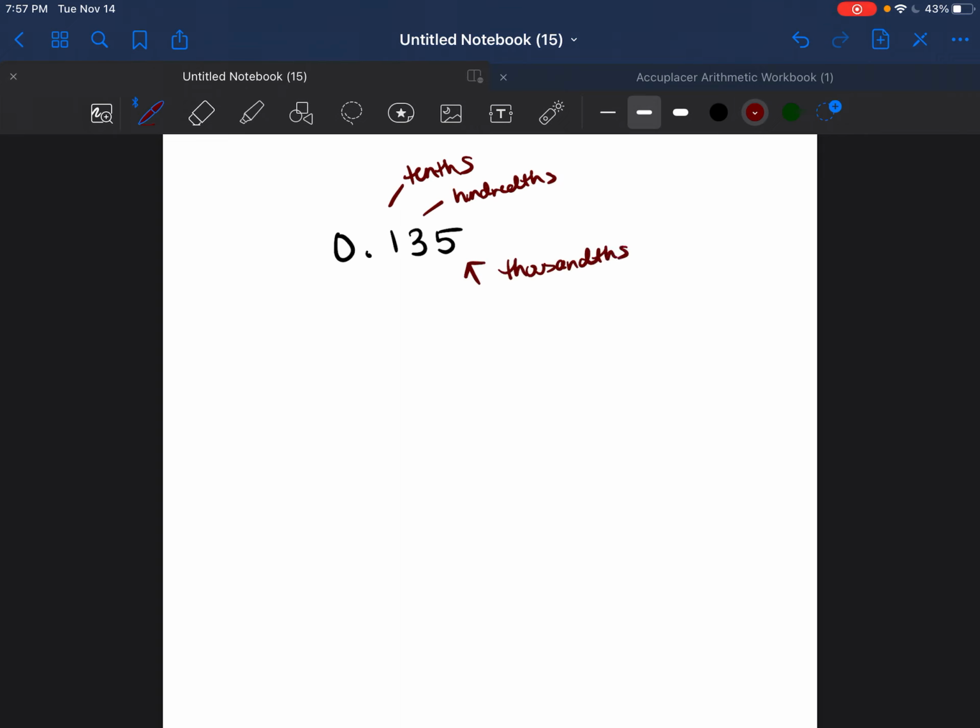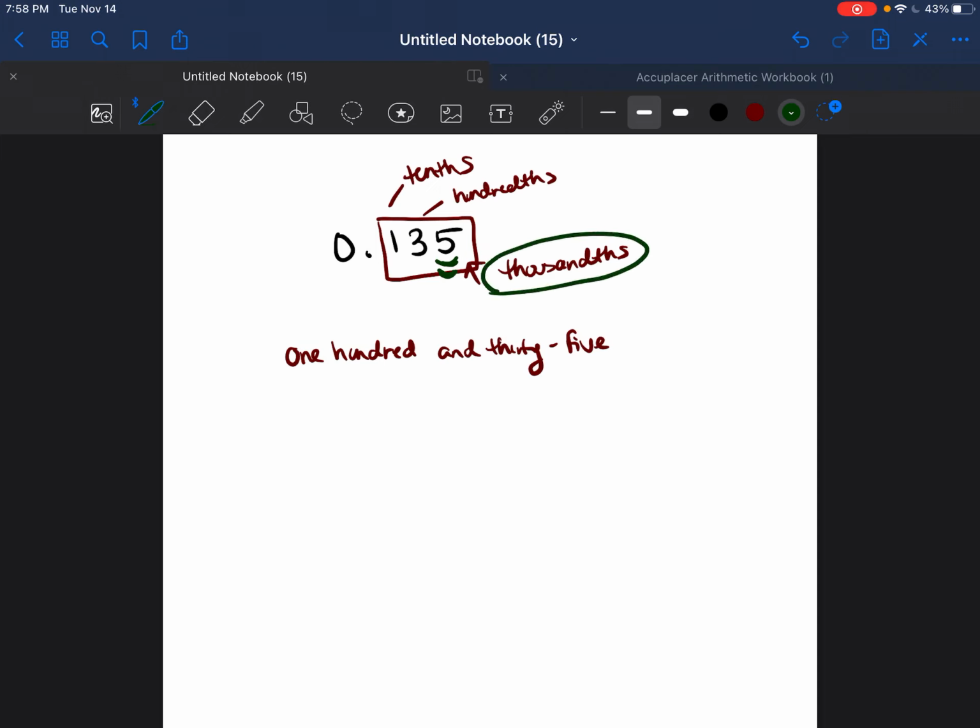So when you're reading a decimal, you read the entire number behind the decimal. In this case, I would say 135. So that's the first part. You read the entire number, and then you look at the last digit, which is the 5, and whatever place value the last digit is in, in this case thousandths, that will be the word that you put on the end of your decimal.